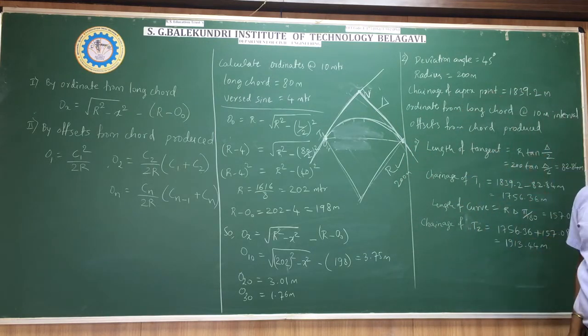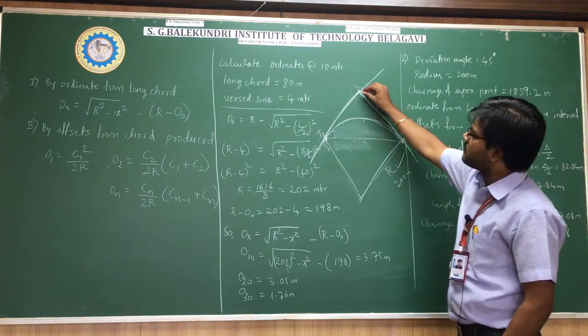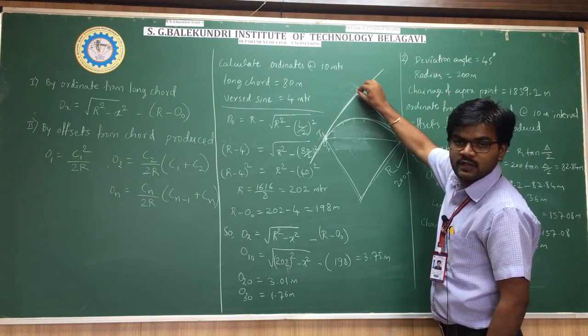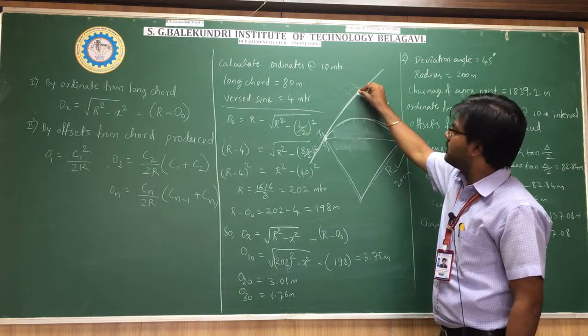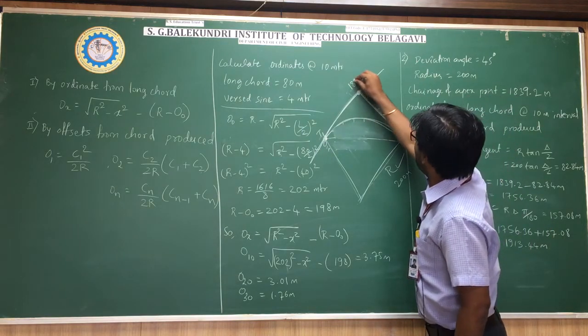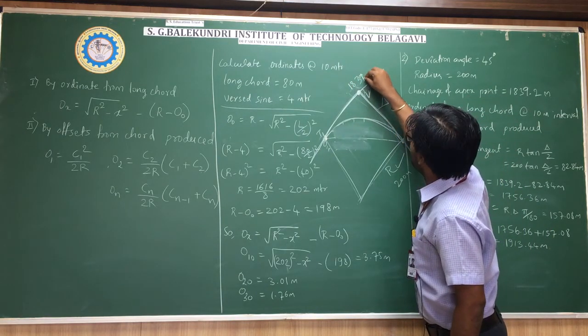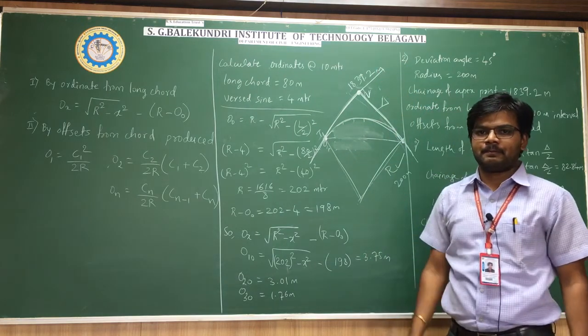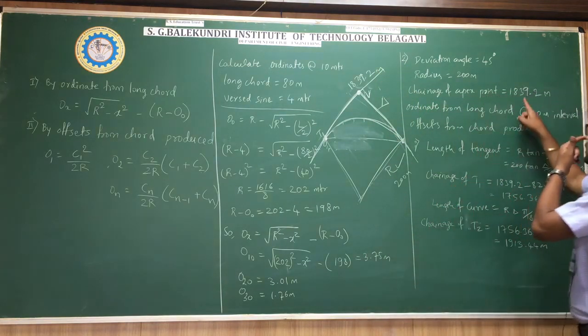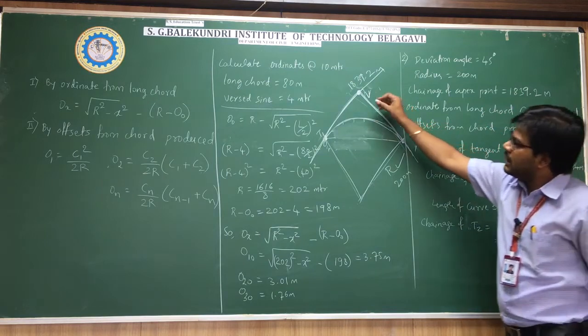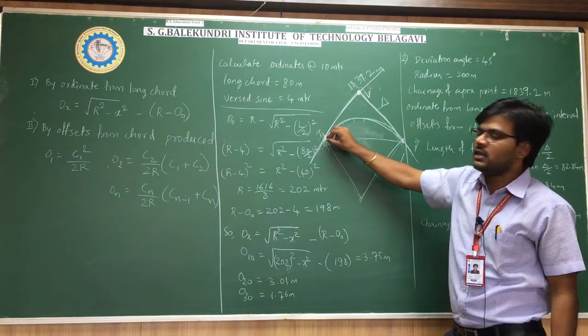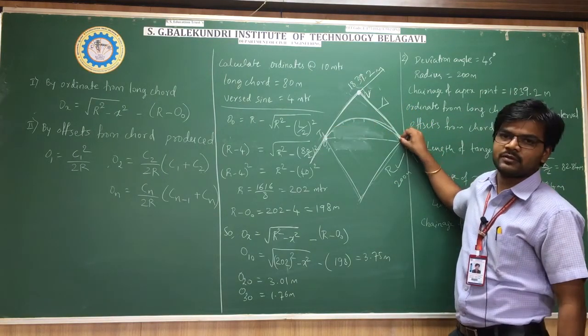Chainage of apex point. This is the apex point. This chainage he has given, 1839.2 meter. This chainage is given means here to here I should reach and here to here I should reach.